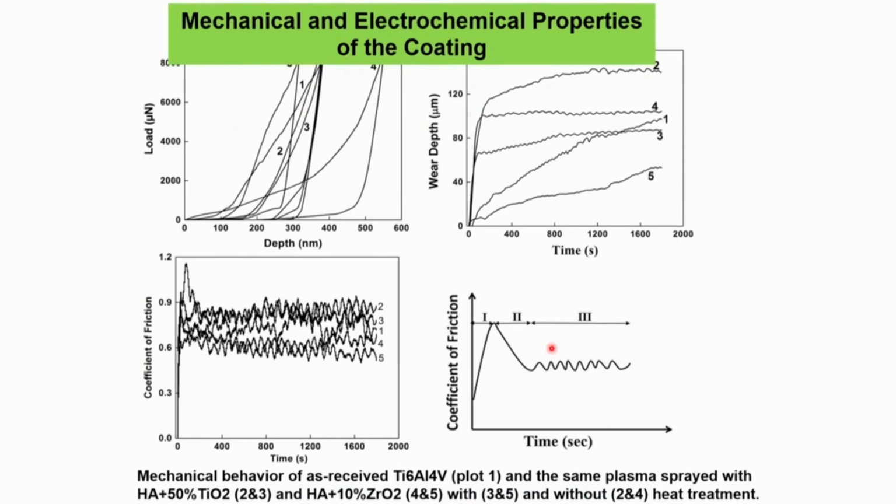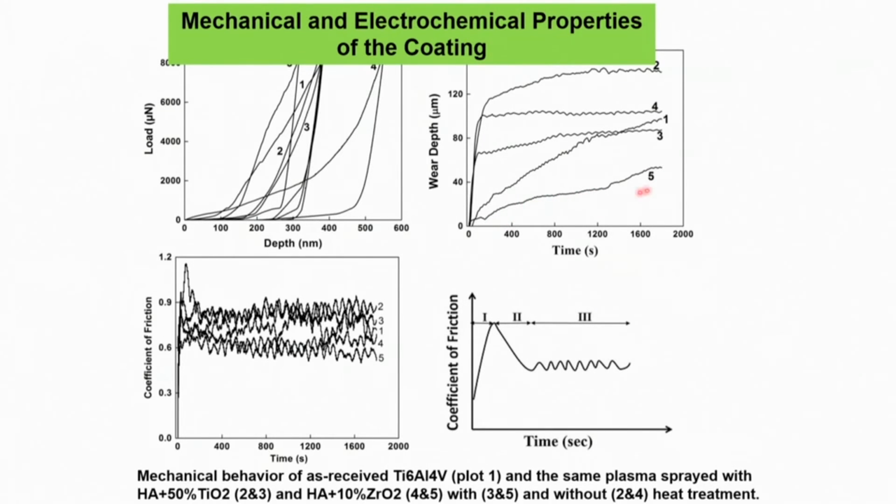This is very important, because it has the final effect on the corrosion resistance property. When we measured the wear resistance, we found that because of that typical hydroxyapatite plus zirconia deposition, we get significant enhancement in the corrosion wear resistance property.